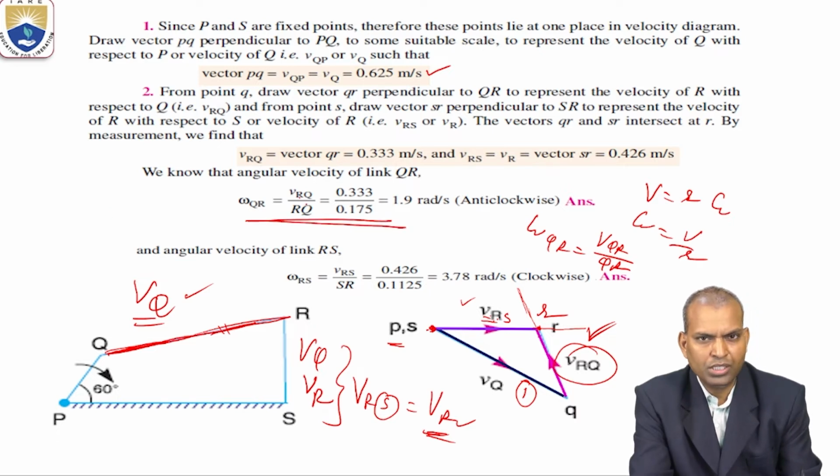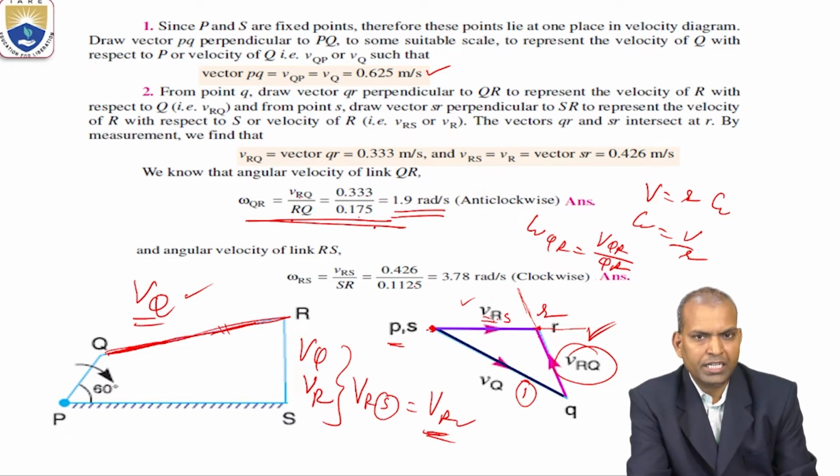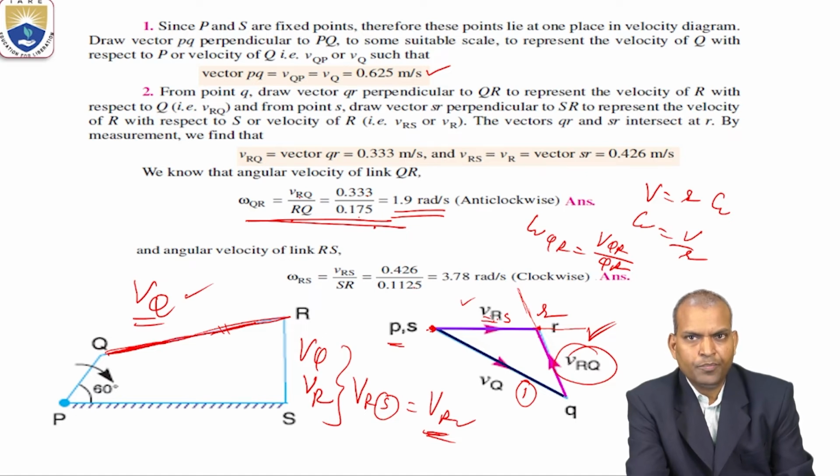The VRQ value is 0.33, we measured from the vector diagram, velocity diagram. And the length of the QR link is 0.175 meters. Substitute over here, then we get 1.9 radians per second.